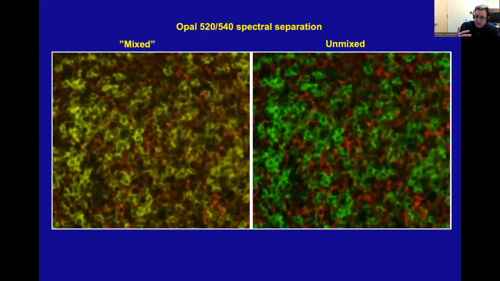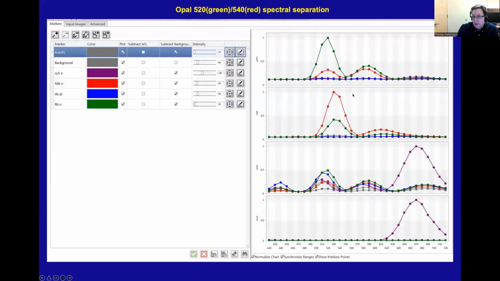Now we have green and red fluorophores, or at least we're capturing black and white images, but of course we're assigning color lookup tables to them, so we have either green or red. On the left you can see some yellow, of course, because there's overlap prior to unmixing. On the right you can see that the green and red are faithfully separated. Spectrally you can see it represented on the right.